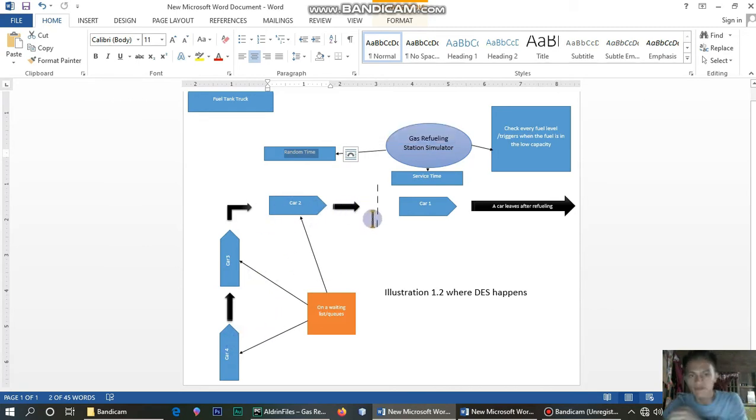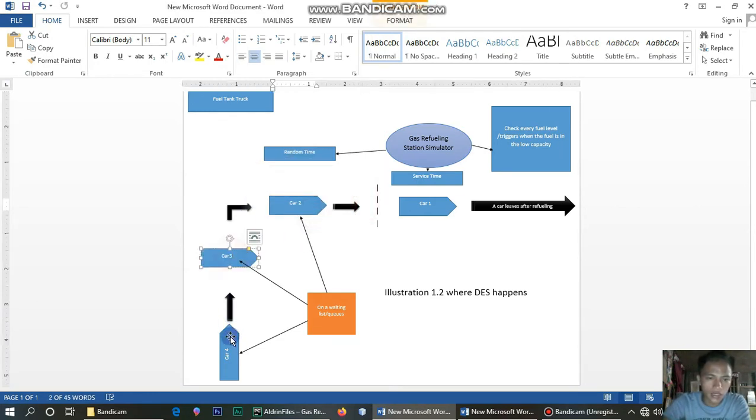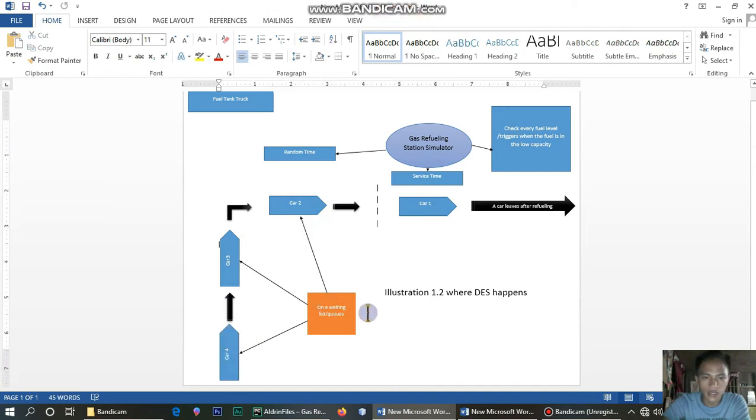But in the saddest part, car 2, car 3 and car 4 are in the waiting list. So after car 1 finishes refueling, it leaves, followed by car 2.